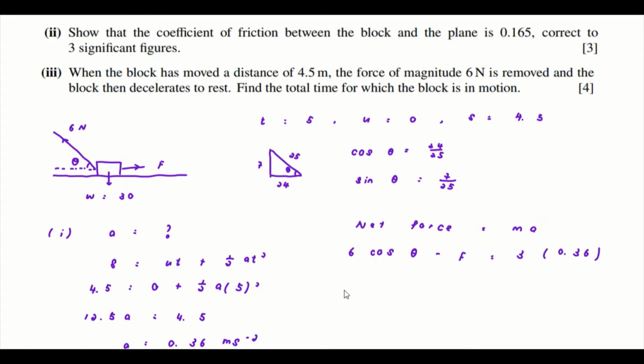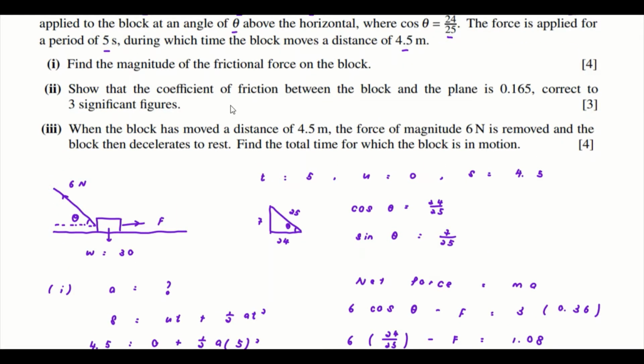From here, we can solve it. 6 times 24 over 25 minus F equal to 1.08. So we can get our F is equal to 4.68 Newton. By doing that, we solve our 1.